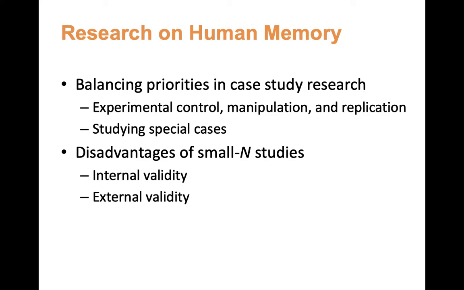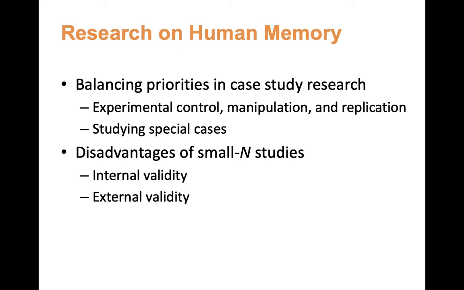So in the case of HM, when trying to test his ability to remember or recognize magazine photos or number sequences, they were able to compare his performance to age-matched control participants that had no brain damage. So even though he's an N of 1, he's a single case, they're still able to use a control group.